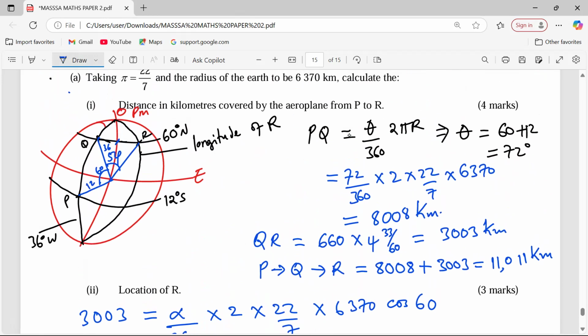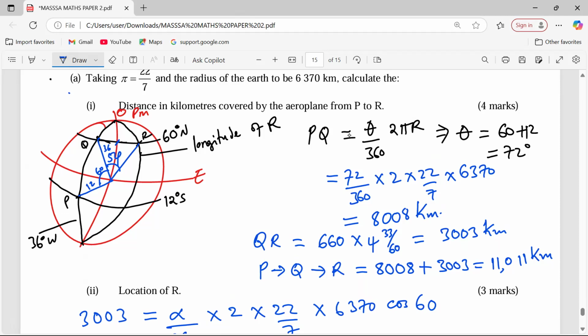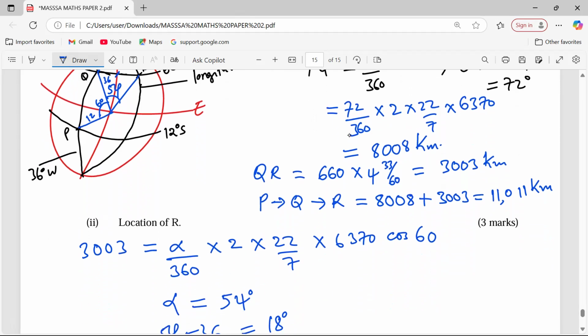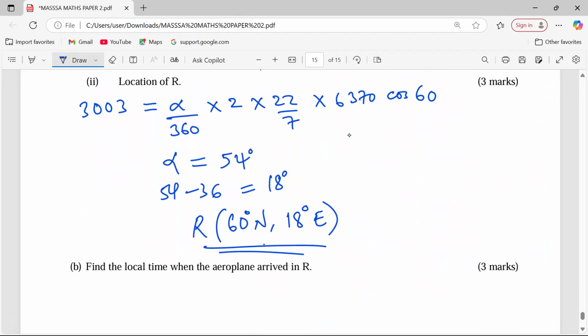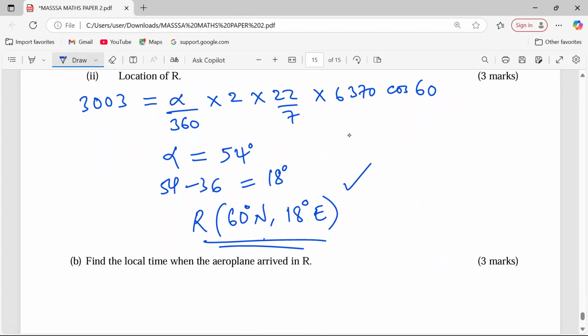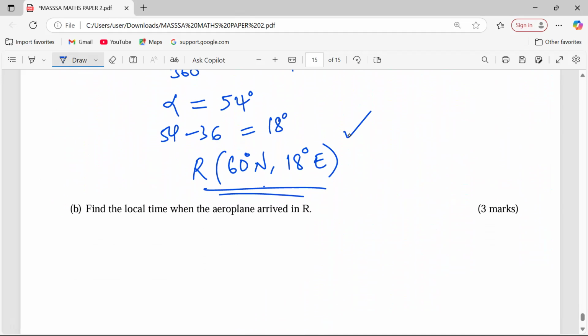So we move through an angle difference of 54. If we are covering an angle difference of 54, we cover the first 36, then we cover 18 more to the east. So the total angle covered there is 54. You have to think deeply.